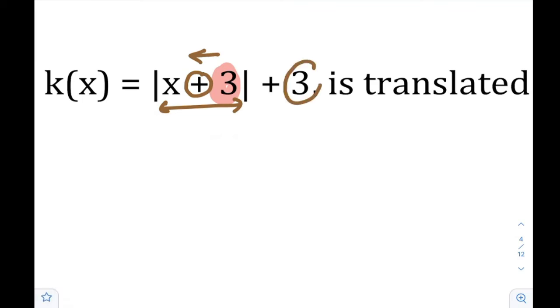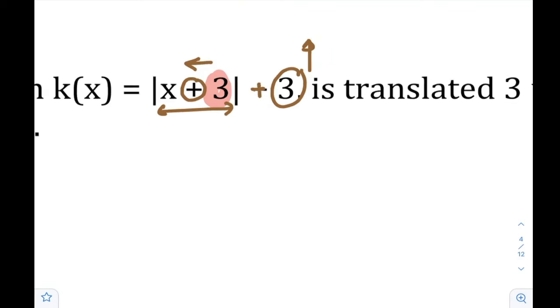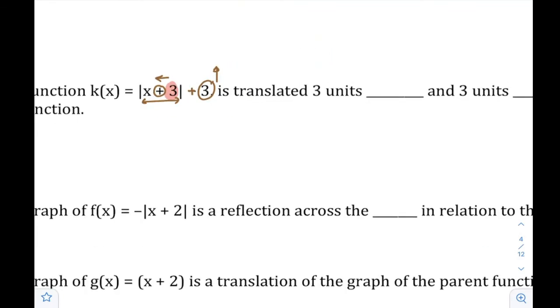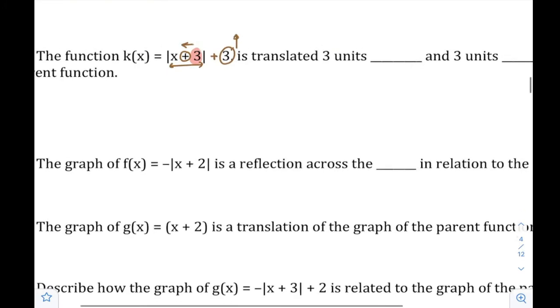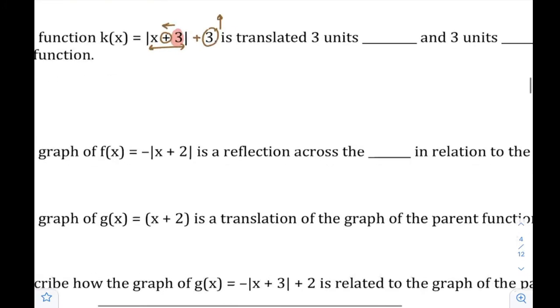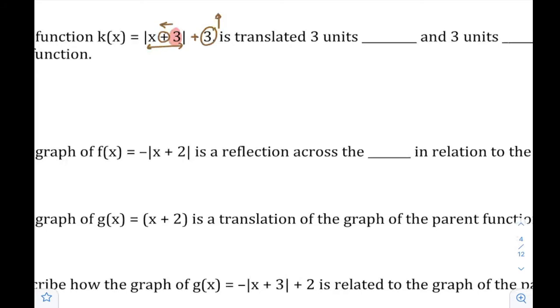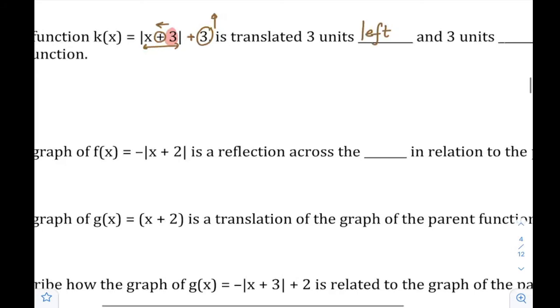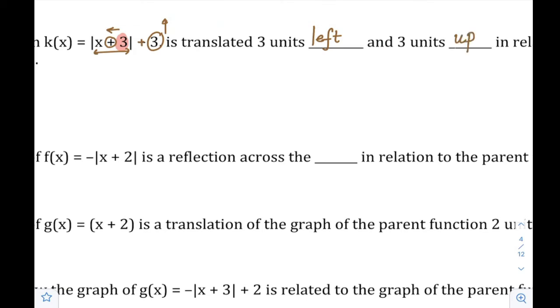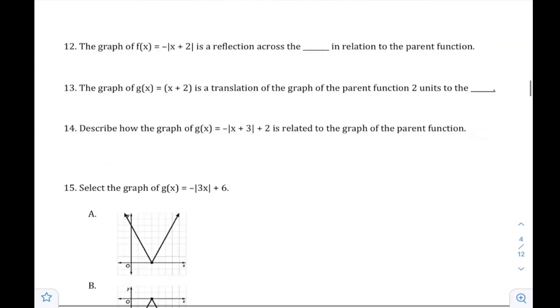While this one is outside the group, so it will move up because it is plus. If it is minus, then it will move down. This is the summary of what we have learned before. إذن 3 في داخل القوس and plus, so it is moving 3 units left. And the other 3 is moving up. We filled in the blank properly.